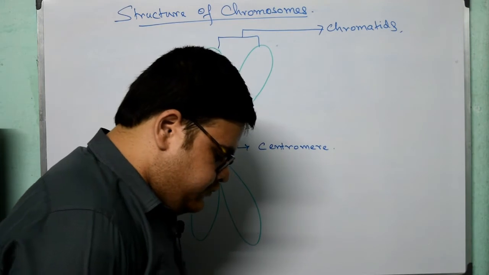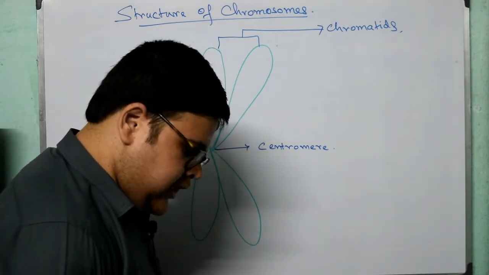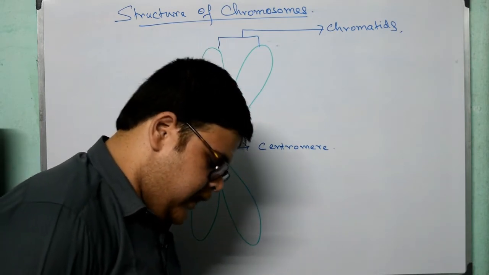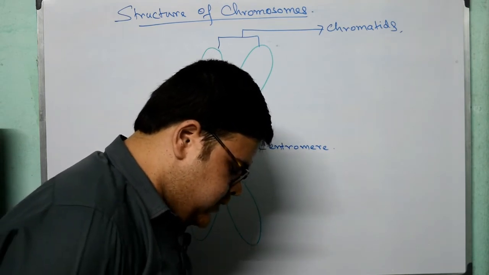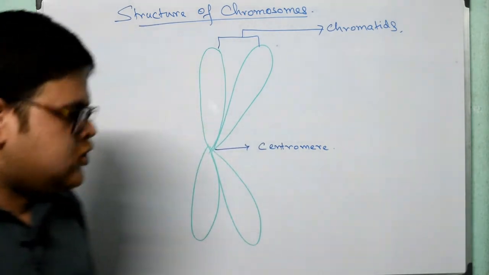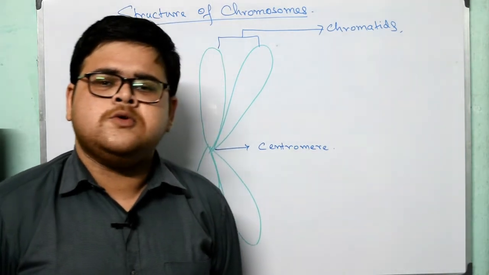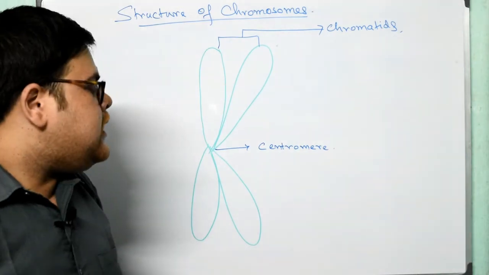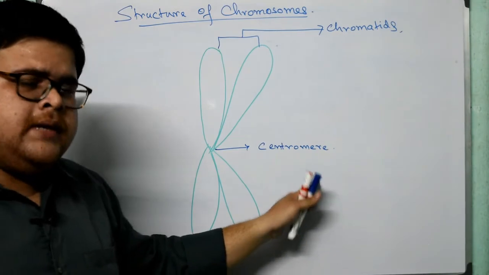Now, after completion of the cell division, the chromatids decondense and revert to their very long, fine, thread-like chromatin fibers. There would be as many chromatin fibers inside the nucleus as the number of chromosomes that appear during cell division. So when these chromosomes are ready to go for cell division, they become thick and condensed, and we call them chromosomes.